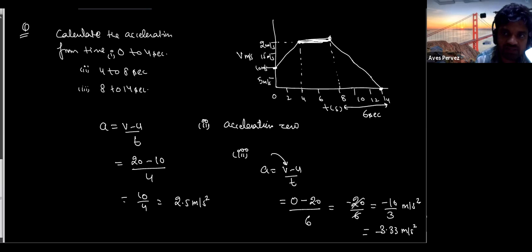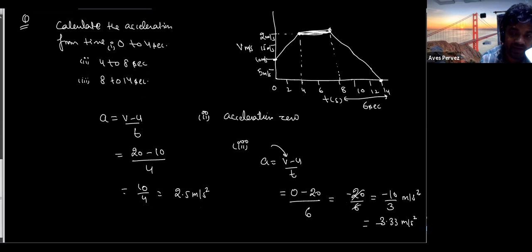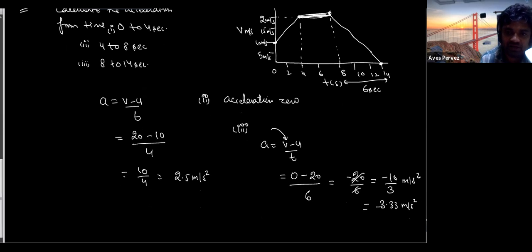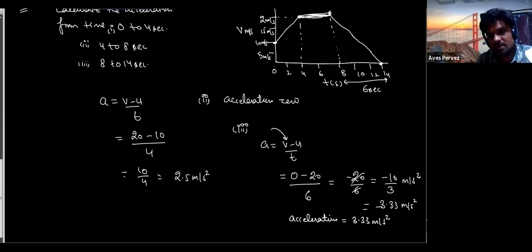If I ask you what the retardation is, in retardation we don't write the negative sign. So the acceleration here is minus 3.33 meter per second square.